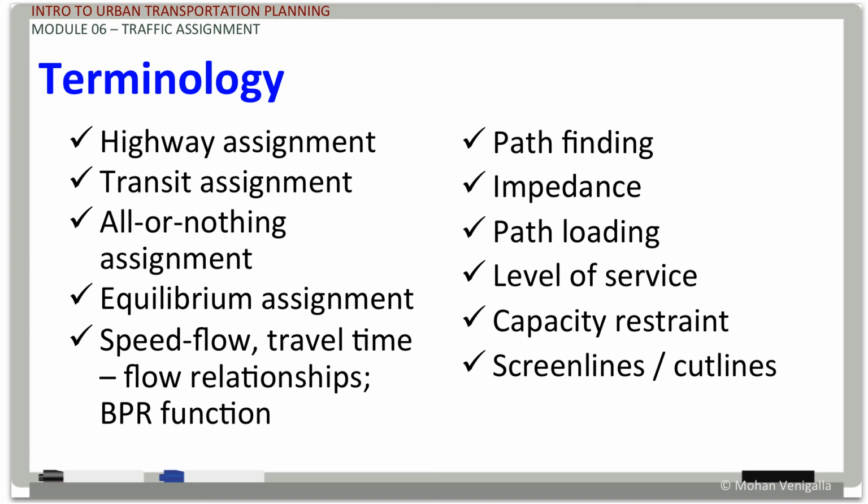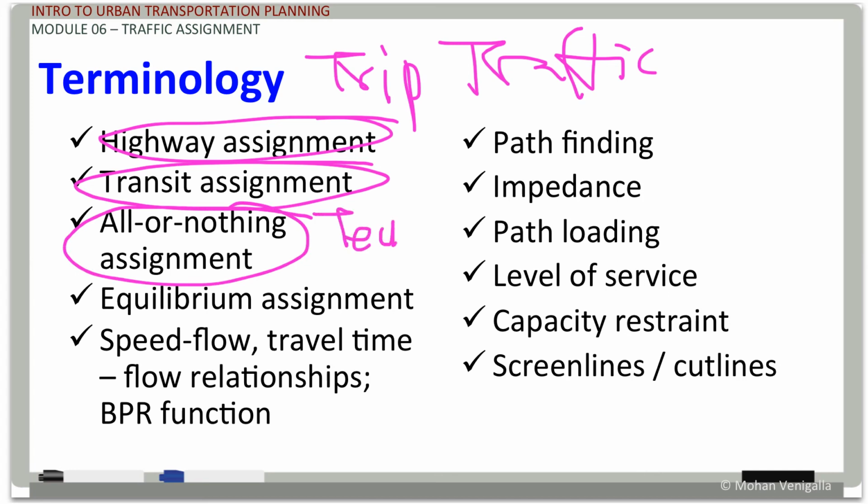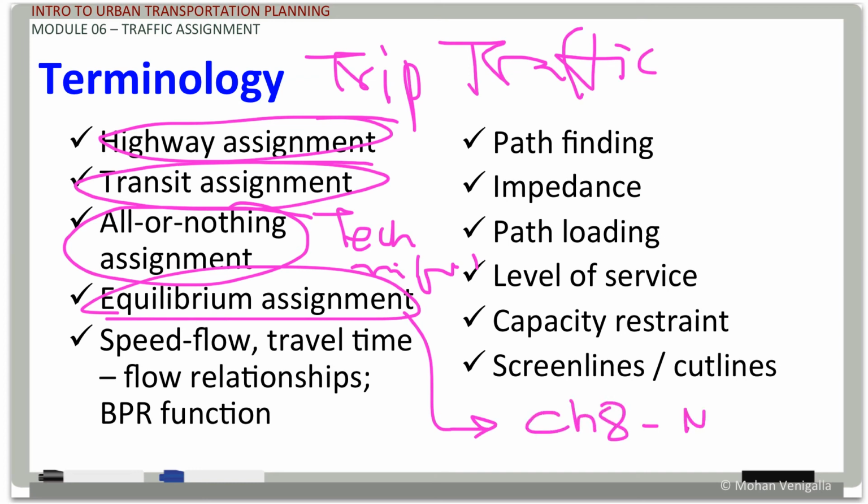So let me give you a quick terminology recap. It's highway assignment. We call it trip assignment, traffic assignment, and so on. And then transit assignment is a whole different animal. All or nothing assignment is a technique which you are going to learn. Equilibrium assignment is in chapter 8 of Mannering and Killaresky.